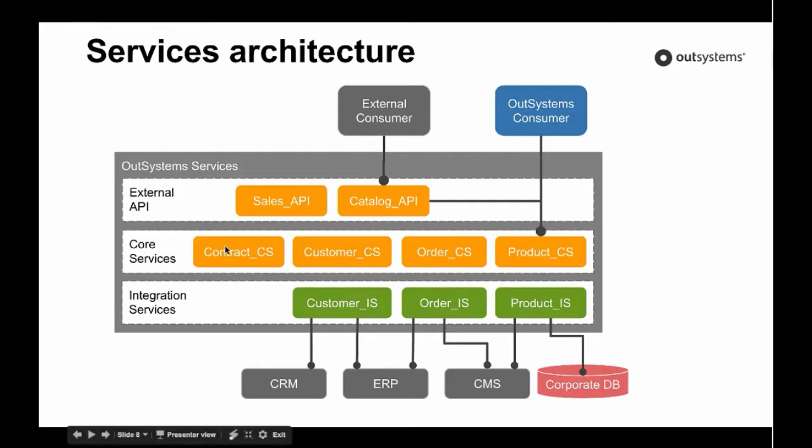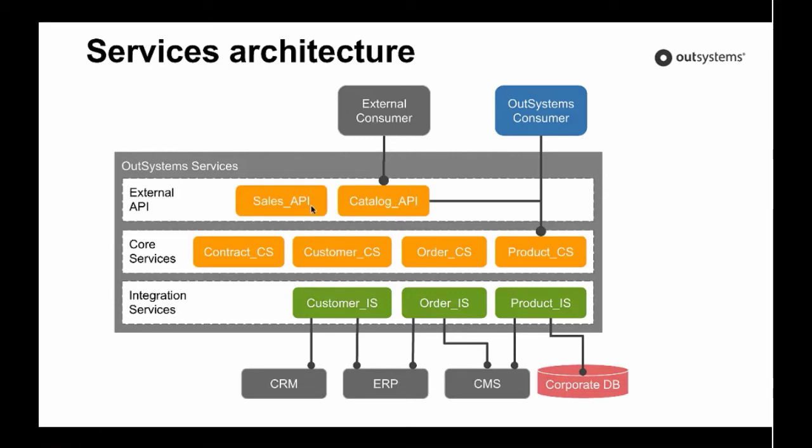What are the benefits here? These layers are simply technical wrappers where you don't add any business logic. We can instantiate these APIs in different ways, either because we need to provide two different APIs because we have two different external consumers that require certain signatures or whatever. But the mapping between what we need to provide to the outside world and the internal representation is captured at this layer.